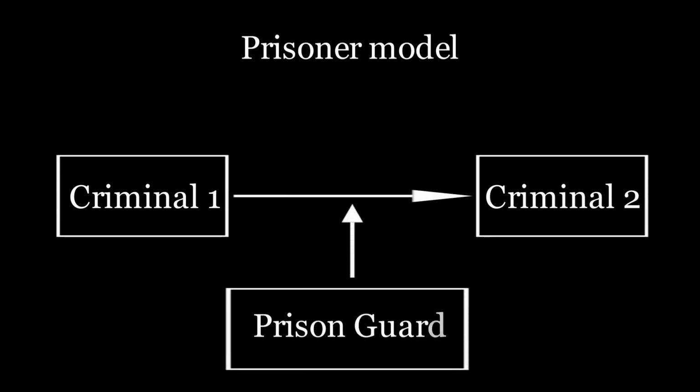The basic idea of steganography is based on the prisoner's model. Imagine that in a prison, there are two criminals and a prison guard. When criminals want to exchange information, they should use various methods to avoid being noticed by the prison guard. But if the transmission is too conspicuous, such as some strange actions, it will easily attract the attention of the prison guard.